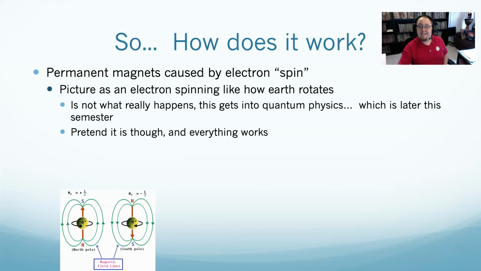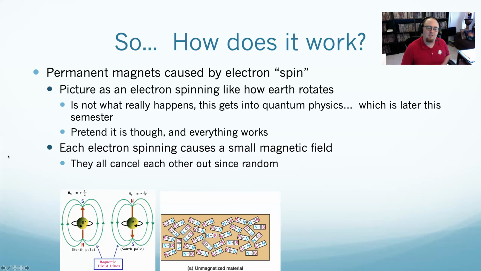But here's the cool thing. If you pretend they're little balls of metal and you pretend they spin, the math works. So physicists literally do that. They acknowledge this isn't true, but we're going to pretend it's true because it makes the math work. And if you make that pretend, and everything works perfectly, what you say is that the process of these electrons spinning causes the magnetic fields.